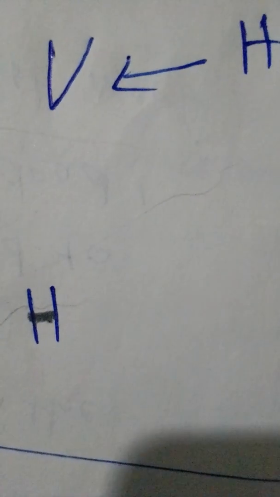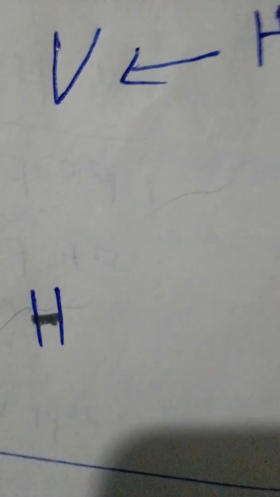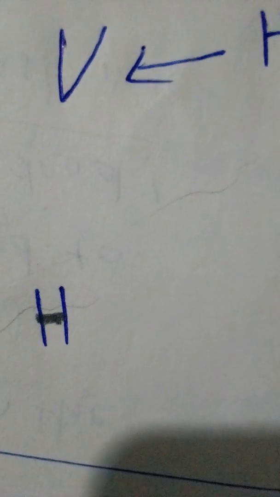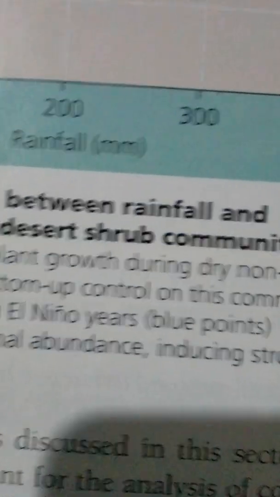For instance, one long-term experimental study of a desert shrub community in Chile showed that controls on primary consumer biomass shift periodically from bottom-up to top-down, depending on the amount of rainfall.